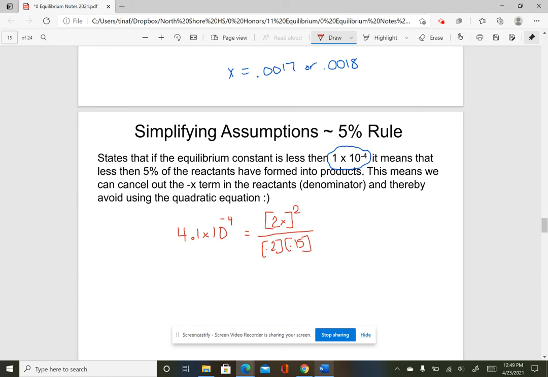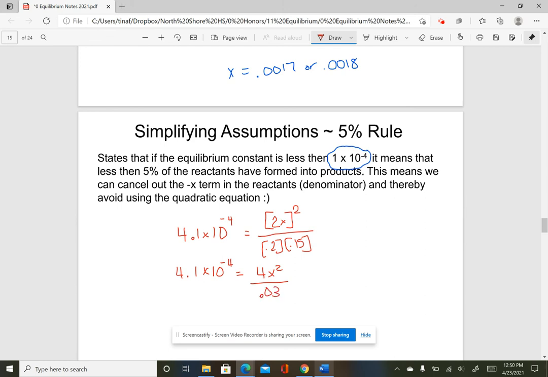And let's see how this works out. So I'm going to rewrite this. 4x squared. Now I can just multiply those two numbers on the bottom. So 0.2 times 0.15, 0.03.